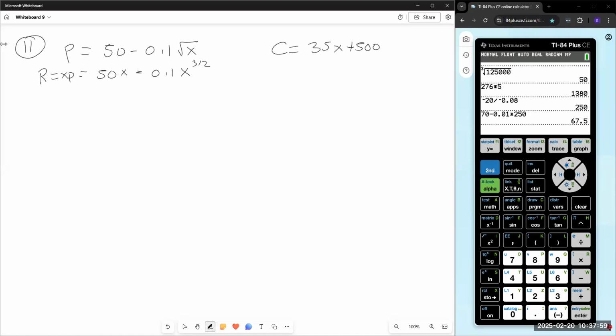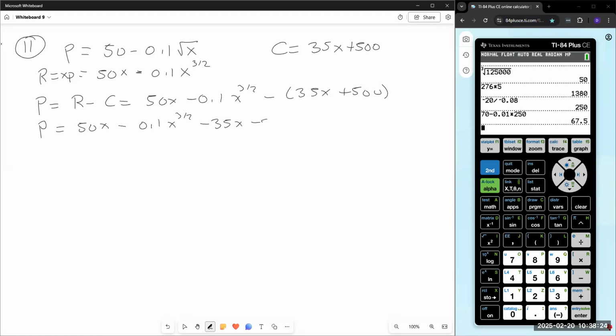And that makes my profit function, which is R minus C: 50x minus 0.1x to the 3/2 minus (35x plus 500) in parentheses. So capital P is 50x minus 0.1x to the 3/2 minus 35x minus 500.